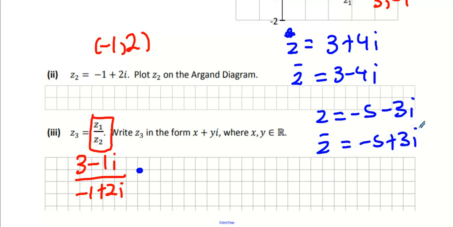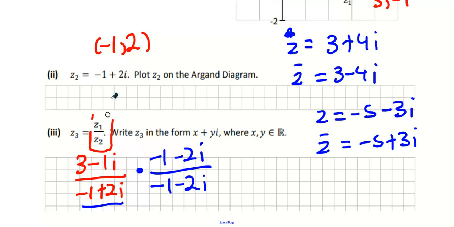See the way you only ever change the part that comes in front of the i? So what you do is you multiply top and bottom by the conjugate of the bottom. So what's the conjugate of the bottom number? And you multiply top and bottom by minus 1 minus 2i. Okay, that's the method we use for fractions of complex numbers.